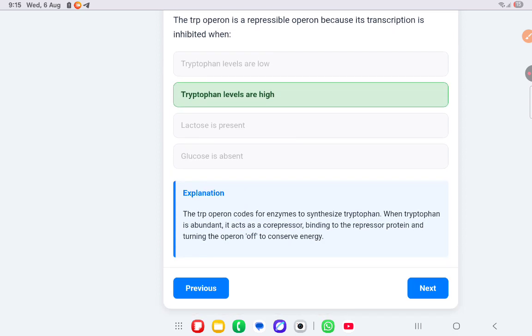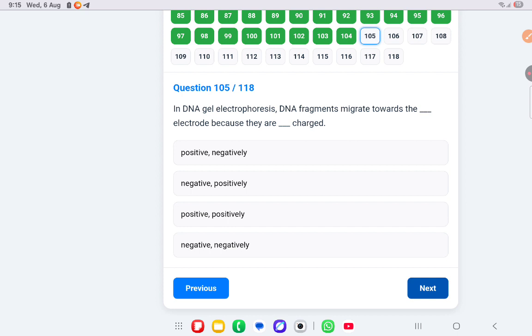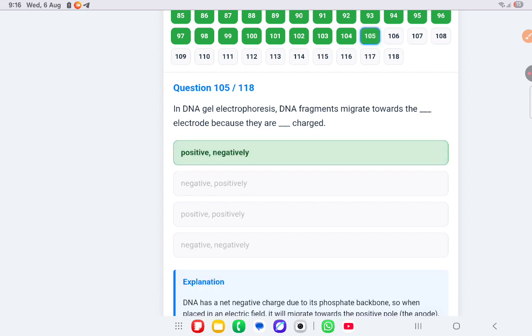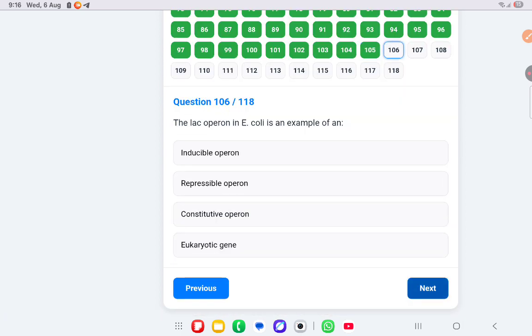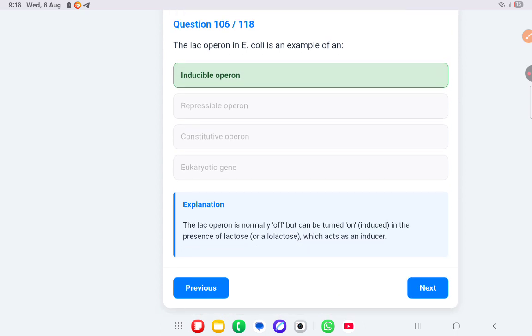Next, in DNA gel electrophoresis, DNA fragments migrate towards the positive electrode because they are negatively charged. Next, the lac operon in E. coli is an example of an inducible operon.